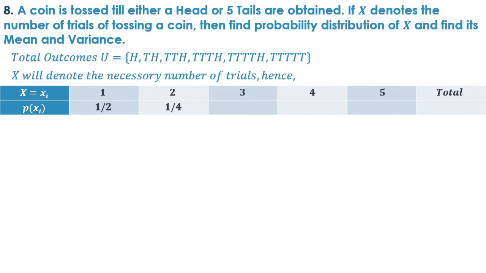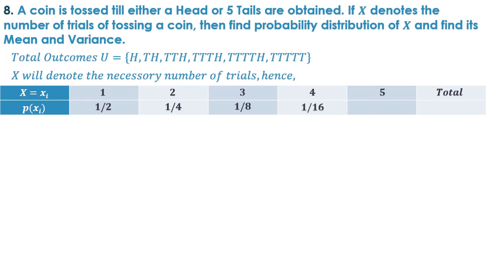Similarly, when I am tossing 3 times, 2 options raised to 3 times, 2 cube, total outcomes are 8 and I am getting one outcome out of those 8 outcomes, it would be 1 upon 8. Next I have 4 coins, 2 raised to 4 is 16 and one outcome out of that is 1 upon 16.